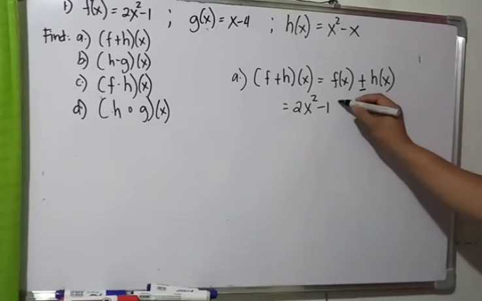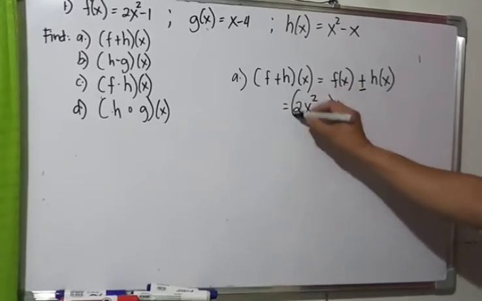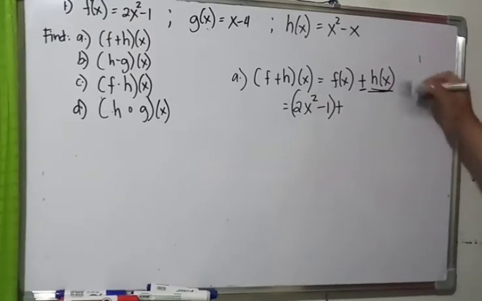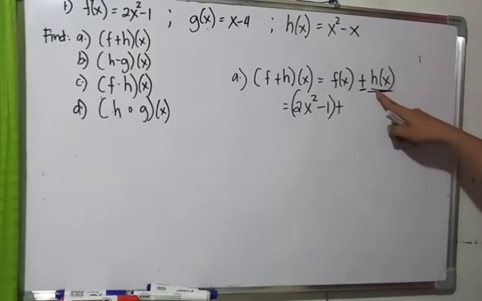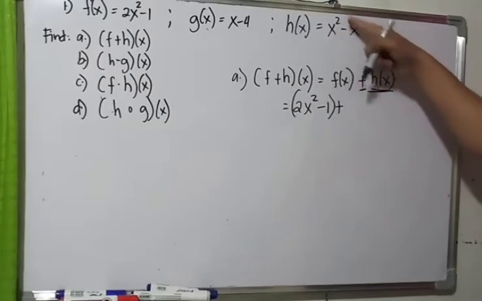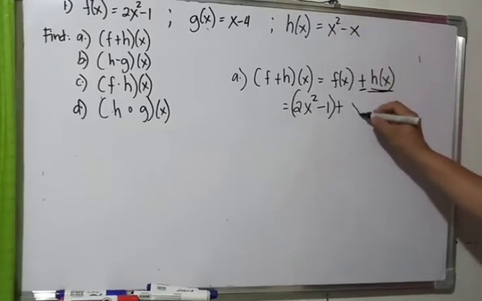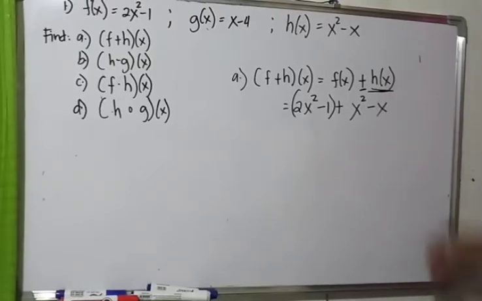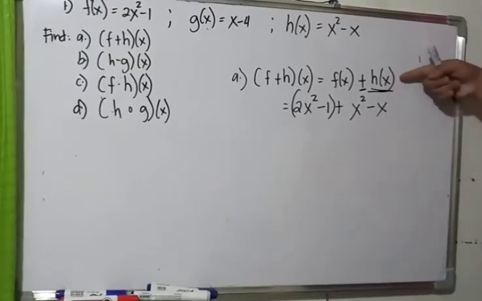So plus value of h of x. Ano yung given value ng h of x? That is x squared minus x. So that is the value of h of x.